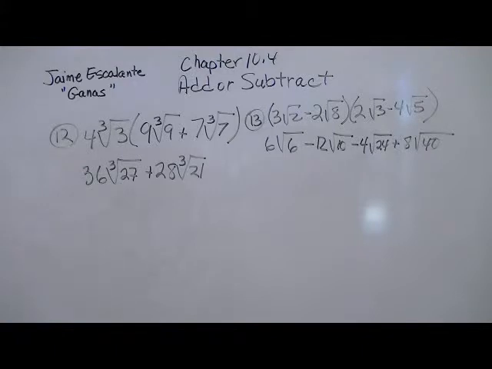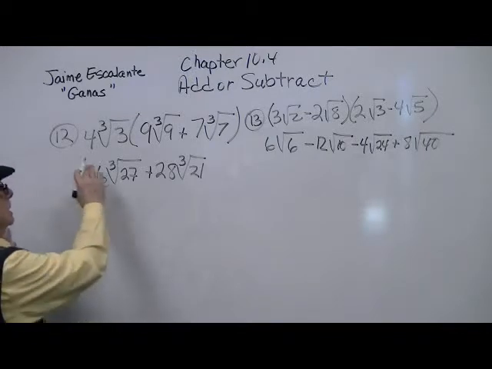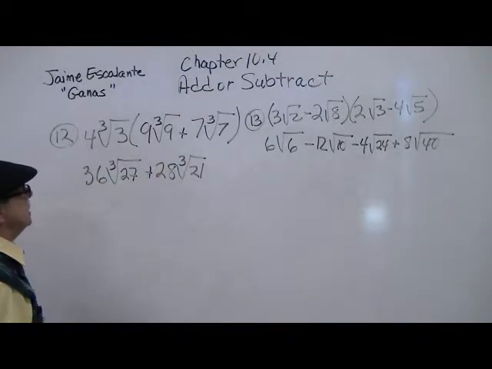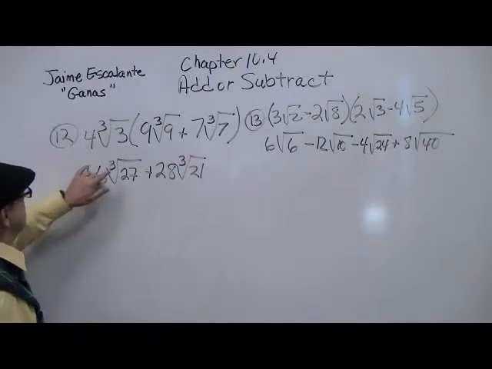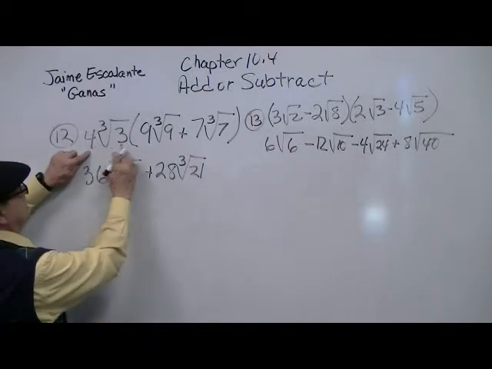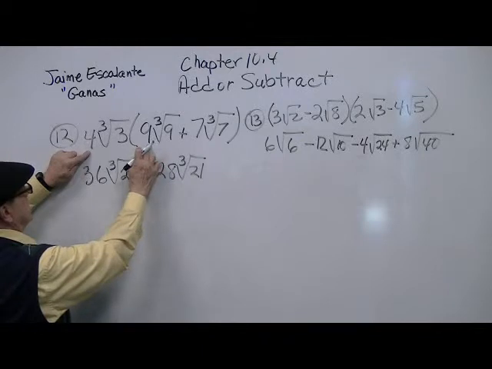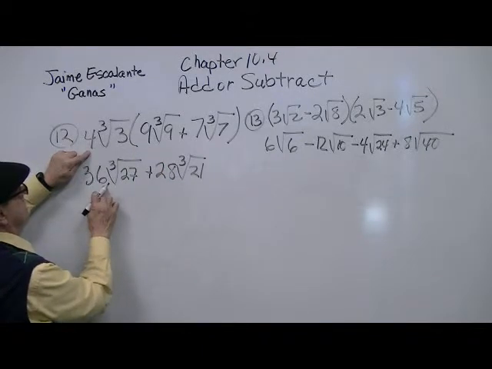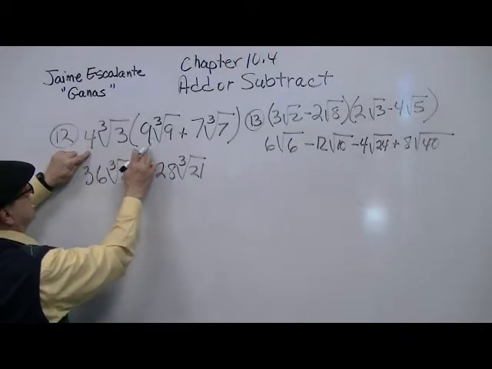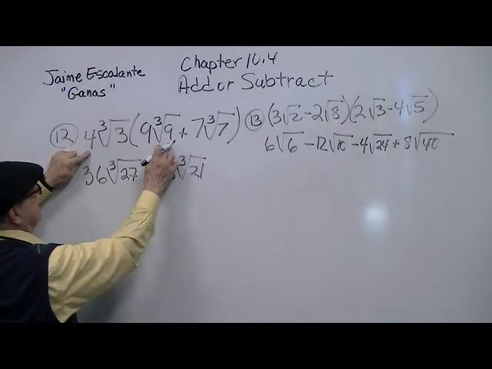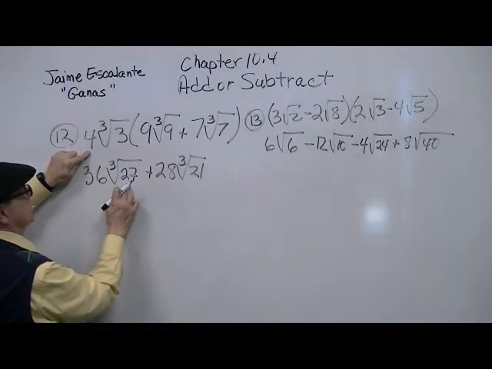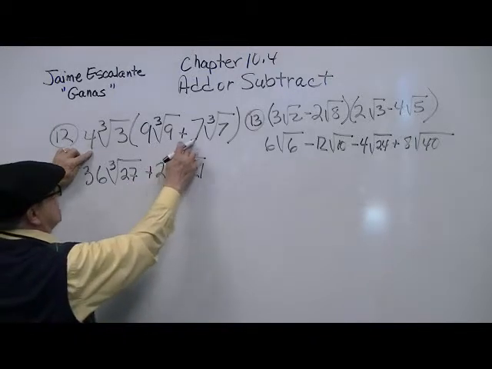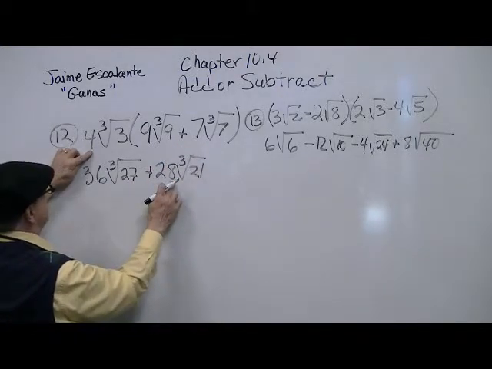Now I'm putting up some of the work so that we can speed things up a little bit, but again, you have to be careful you copy them down correctly. And now you're multiplying 4 times 9 is 36. Cube root of 3 times the cube root of 9 is the cube root of 27. And then we go 4 times 7 is 28.